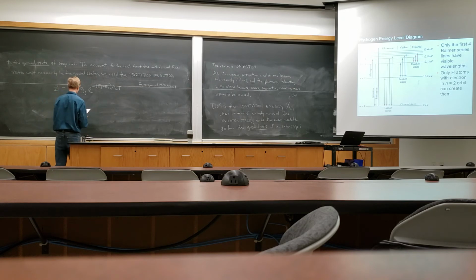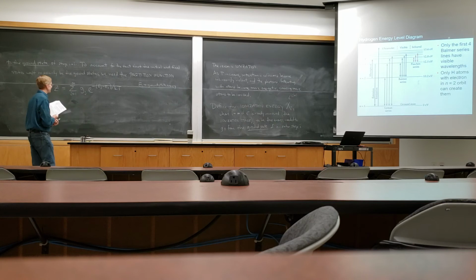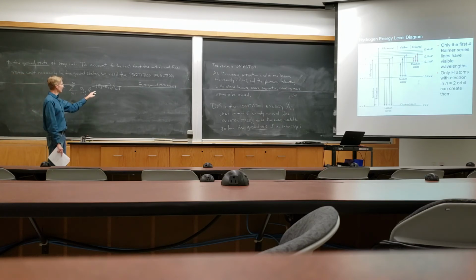And so if we break this apart, when j is equal to 1, E sub j is also E sub 1, and this becomes e to the minus 0 over kT, which of course is just 1. So the first term is g sub 1 alone.